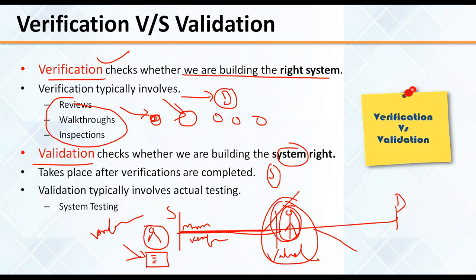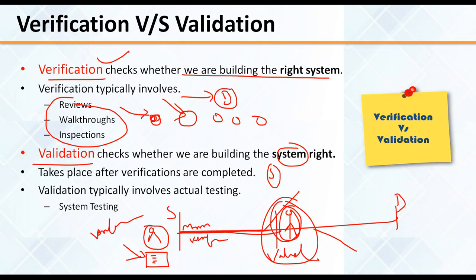Verification is always conducted on the documents in the form of reviews, walkthroughs and inspections. Validation is conducted on the software. System testing is an example of validation. Reviews, walkthroughs and inspections all come under verification. And sometimes unit testing also comes under verification.